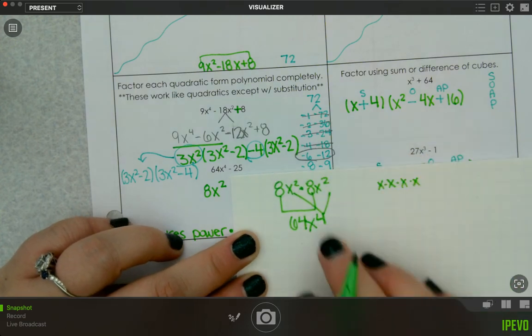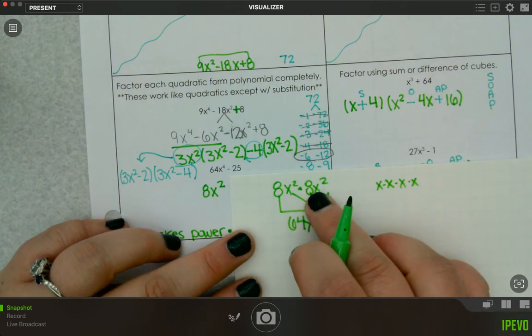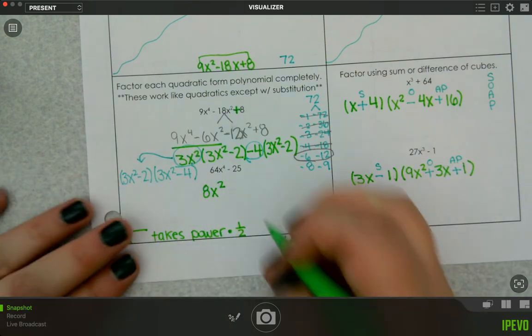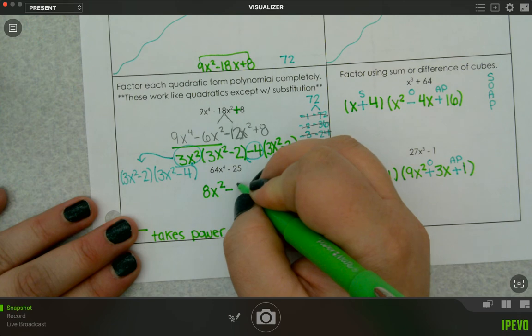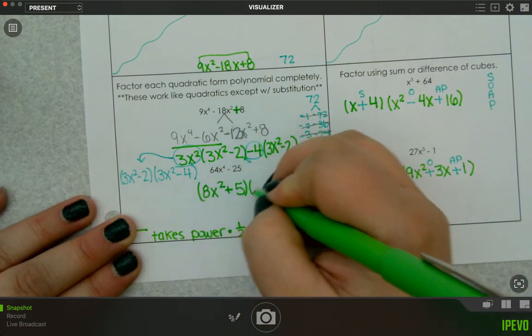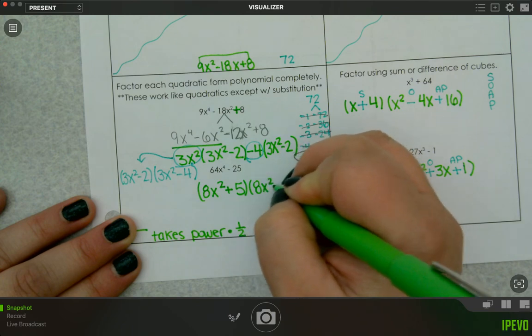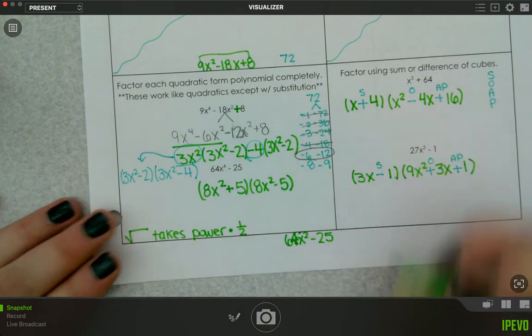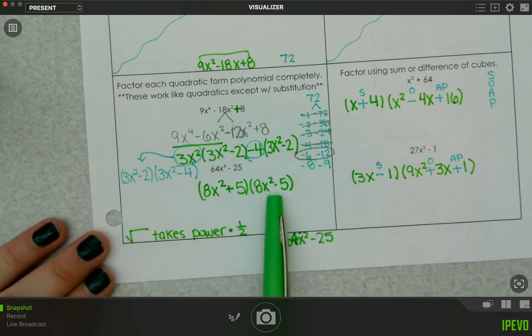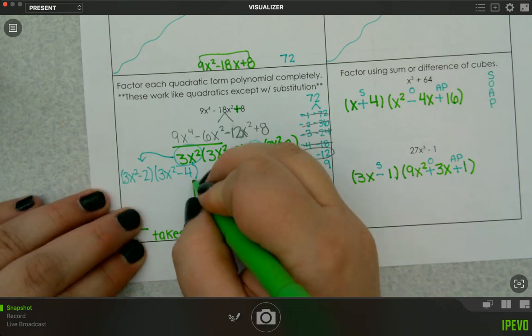So x squared is the thing that you multiply by itself to get back to x to the fourth. And that's what it means when you're doing the square root. And then the square root of 25 is 5. 1 gets a plus, 1 gets a minus. And again, double check your parentheses. These are not perfect squares, so that's your final answer.